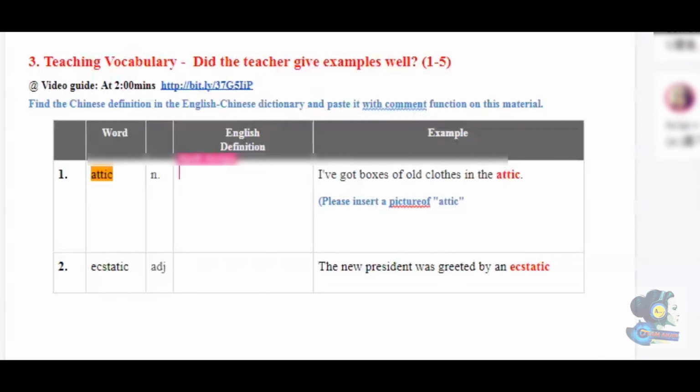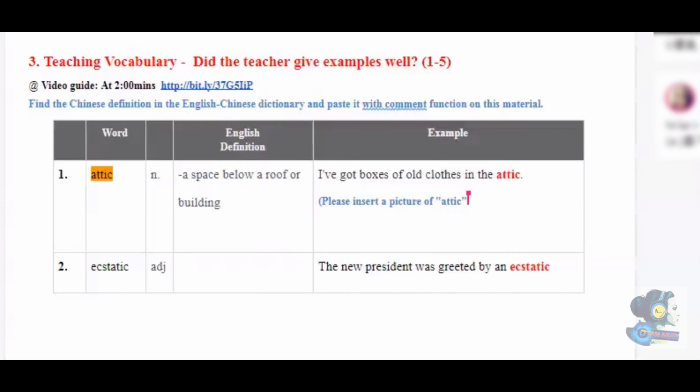So attic is a noun that has to do with a space below a roof or building. Okay. How about the sample sentence? Can you please read it? Yeah, that's right. Okay, I've got boxes of old clothes in the attic.